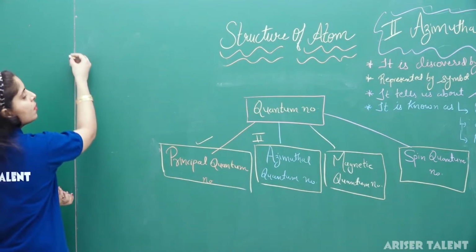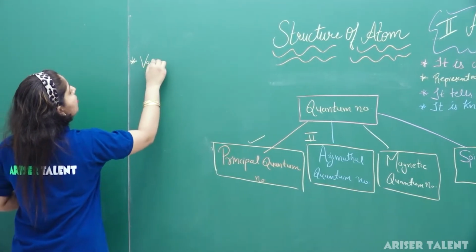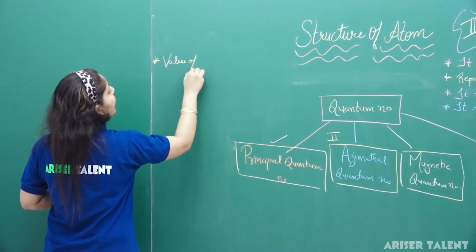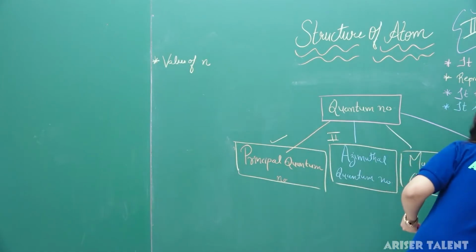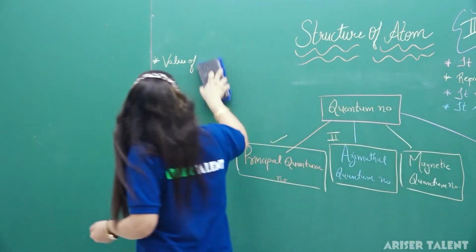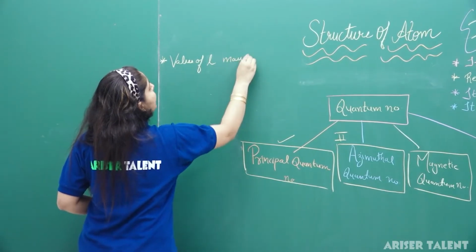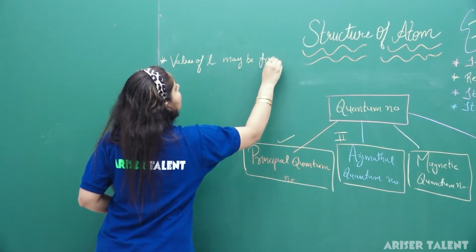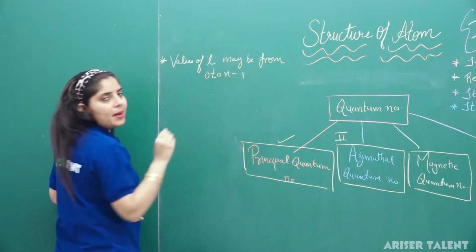So, our next point of consideration is the value of the azimuthal quantum number, that is L, which may be from 0 to n-1.